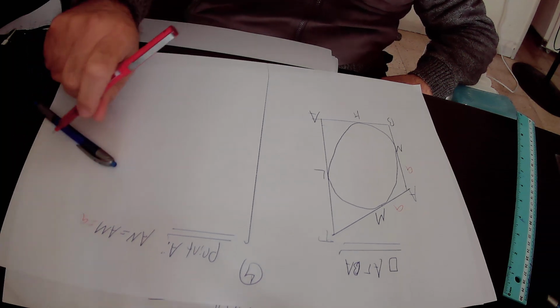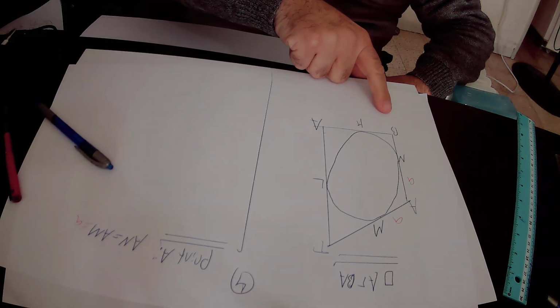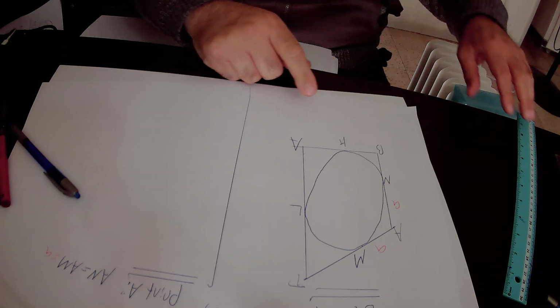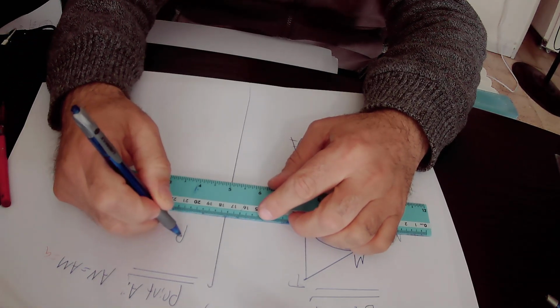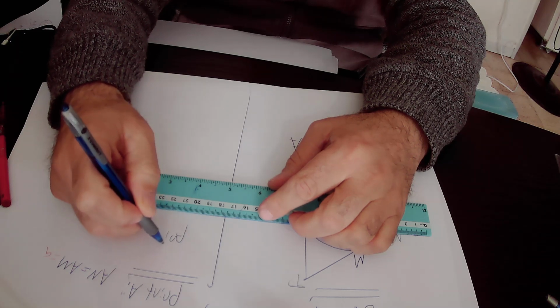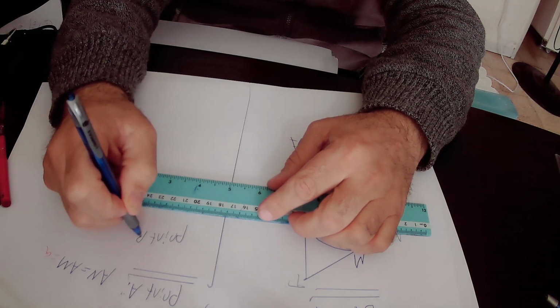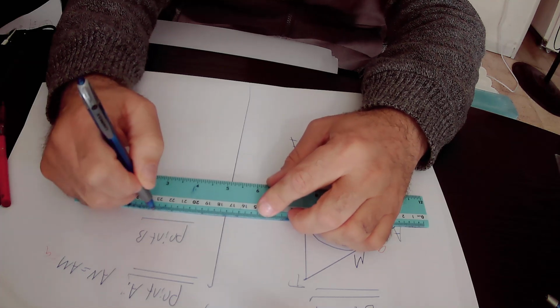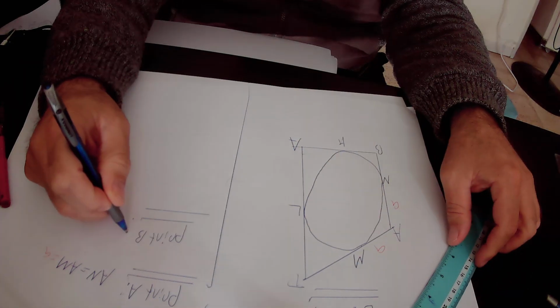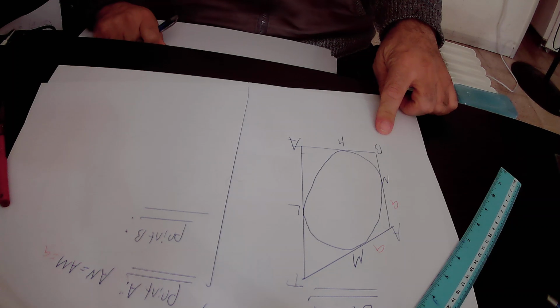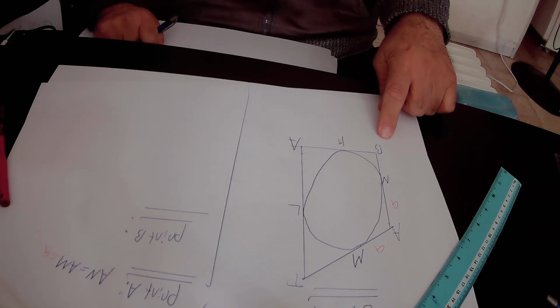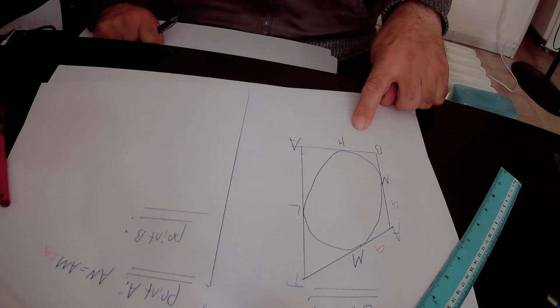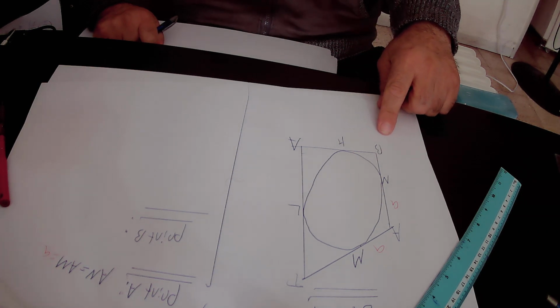In the next step, we'll focus on the common external point, point B. From the common external point, point B, we have two tangents to this circle, tangent BN and tangent BK, and according to rule number 2, they are equal to each other.